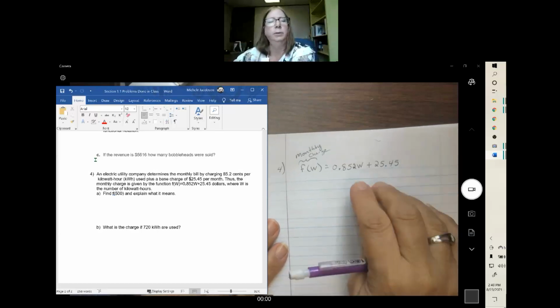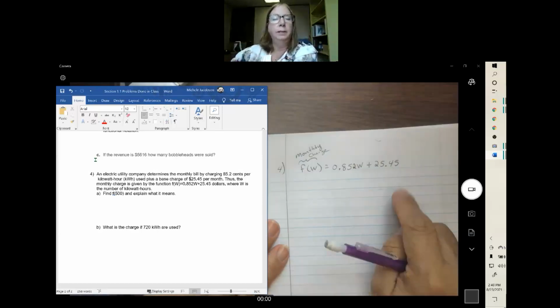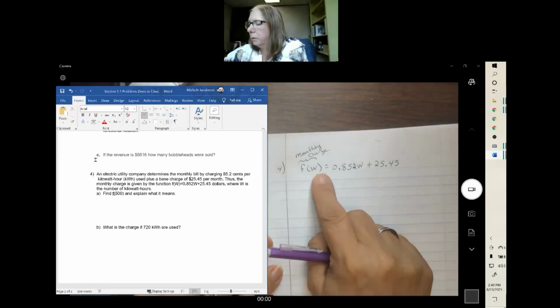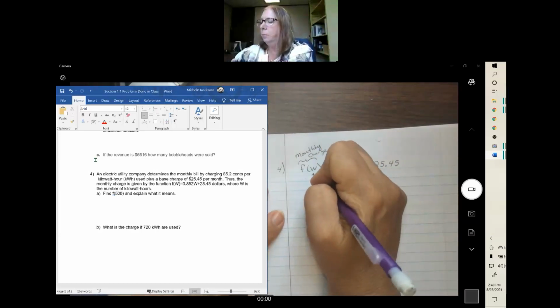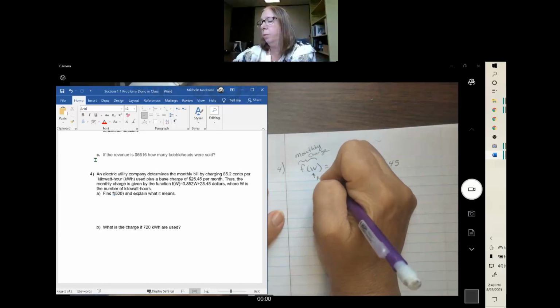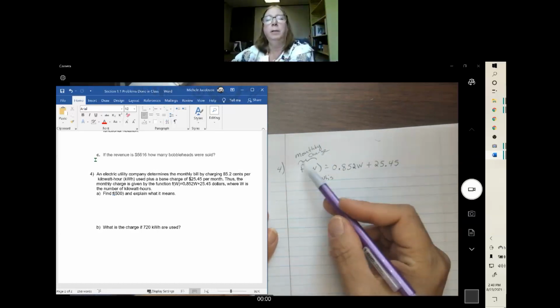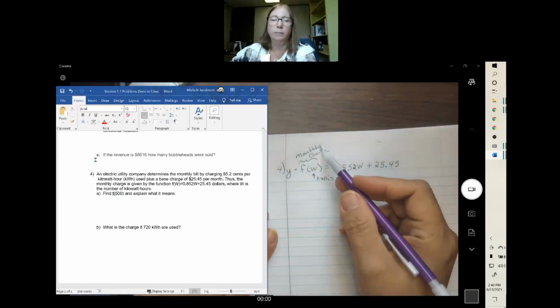And we'll talk about that a lot more in the next section. This one's just plugging in the values. It says W is kilowatt hours. So W is the number of kilowatt hours. The whole function, or your Y value, is the monthly charge.